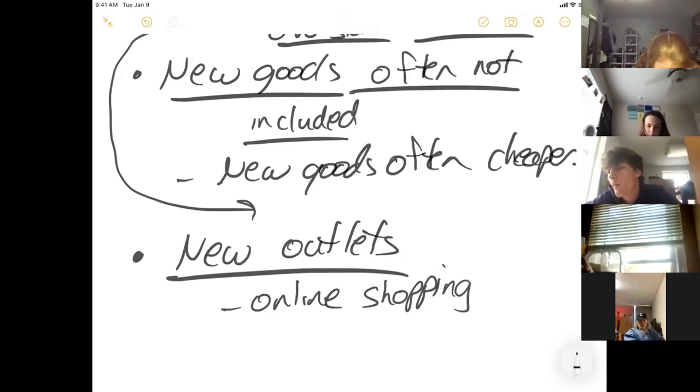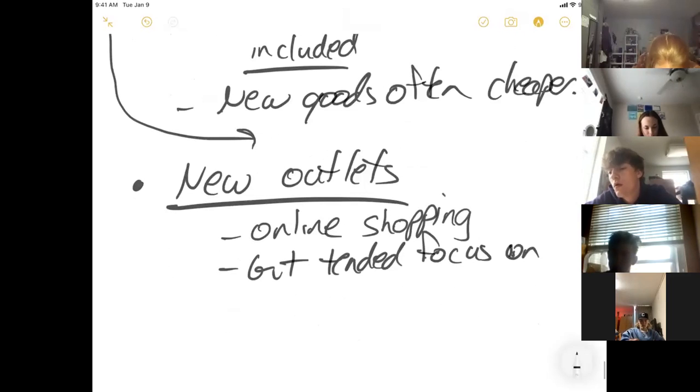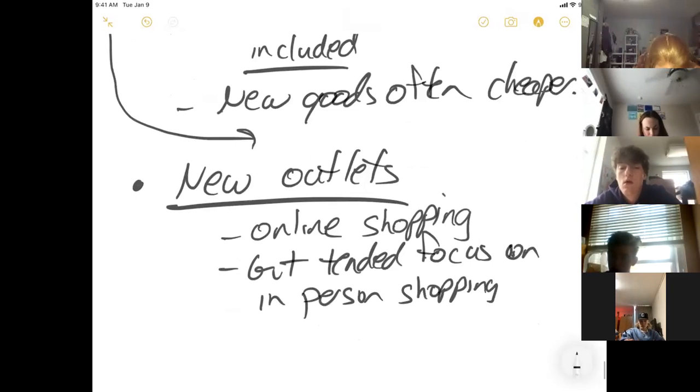Traditionally, the government has tended to focus on in-person shopping. For instance, they've tended to get a lot of prices from places like Target and Walmart and malls.